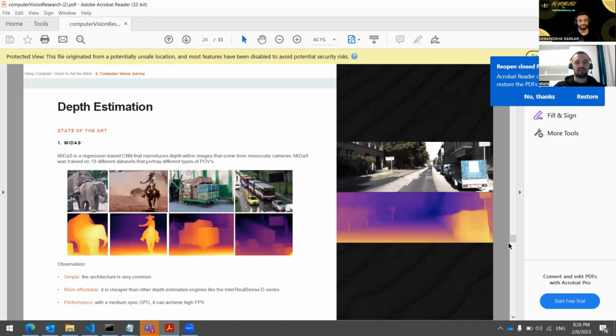Right. Finally, depth estimation. Now, depth estimation is a bit overlooked on the market, I would say, because so far, there are things like cameras from Intel, which basically, well, it's a paradox here.